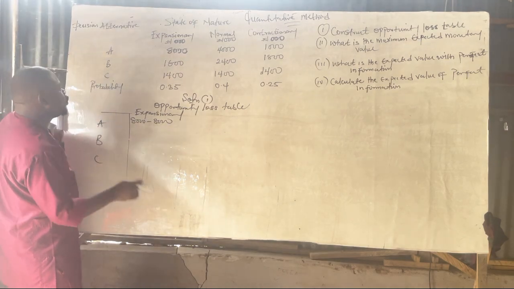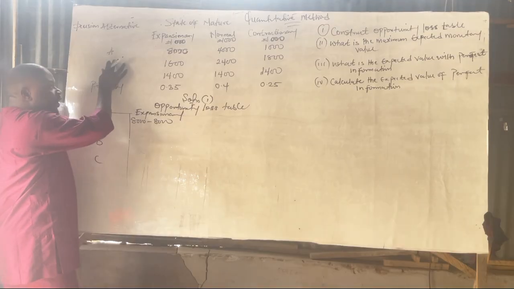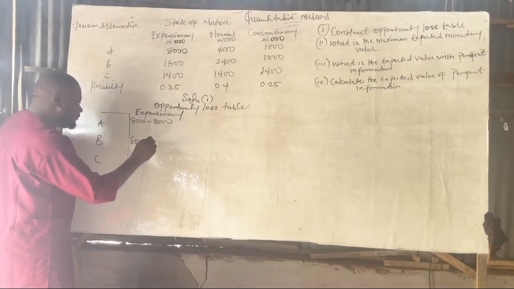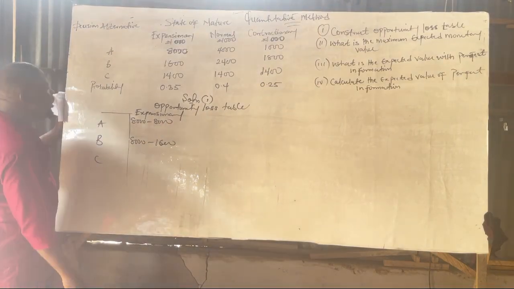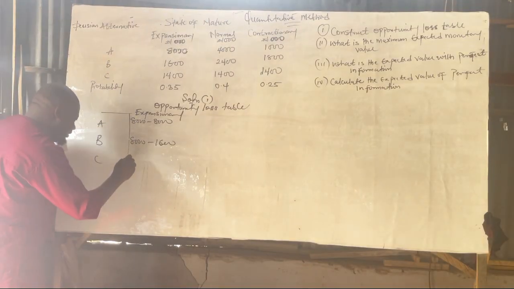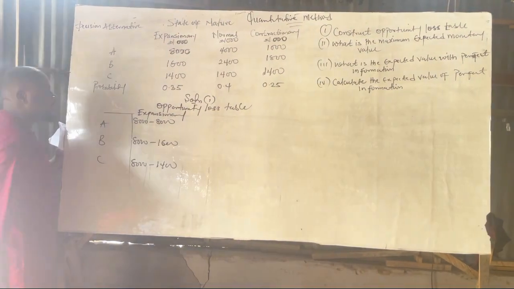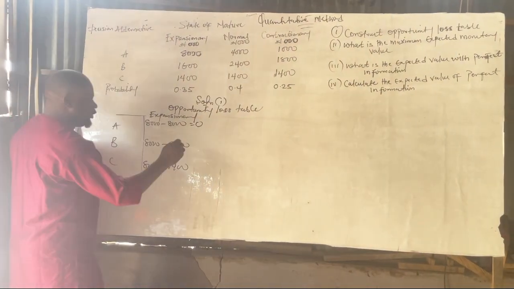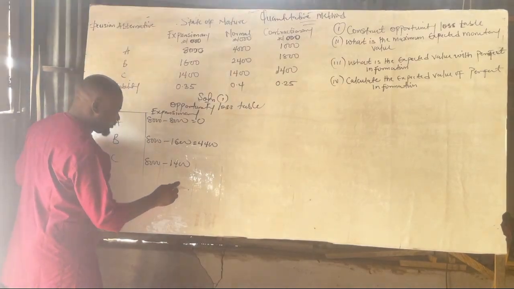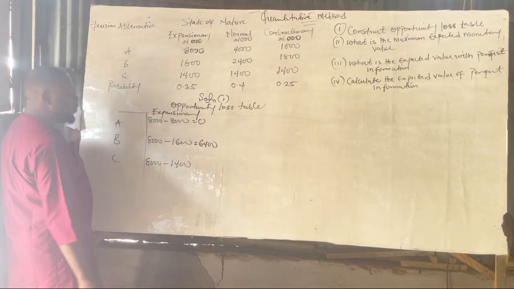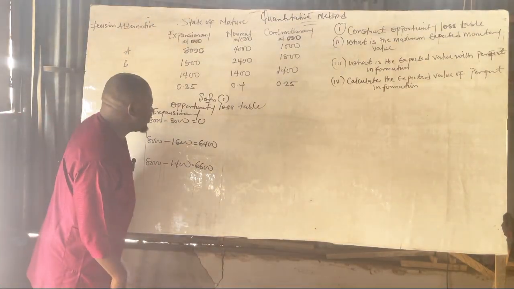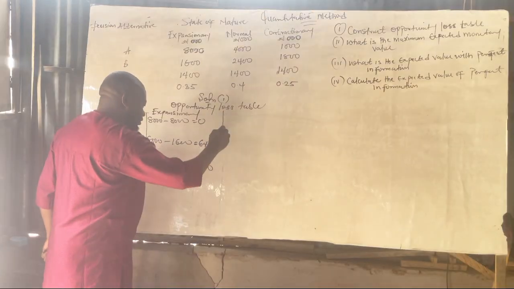But if this man chooses to embark on B, which is not the best payoff, how much will he be losing? That will be 8,000 minus 1.6, which gives us 6,400. If he chooses to embark on C in this state, he will be losing 8,000 minus 1.4, which gives us 6,600.